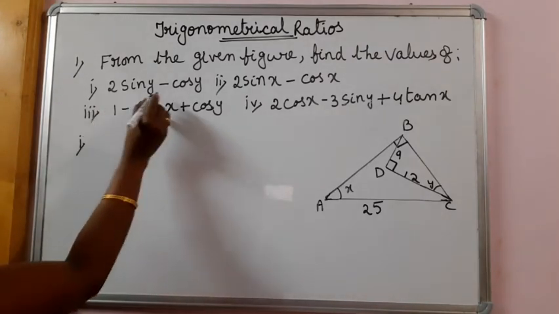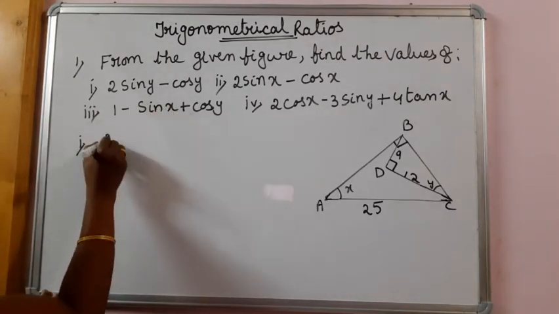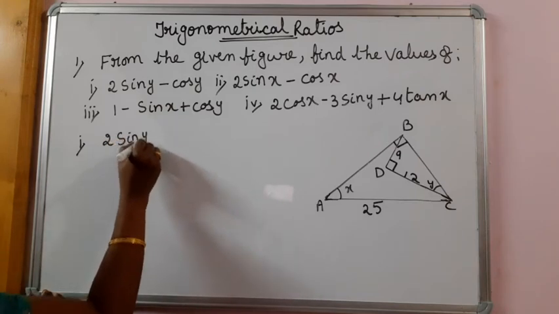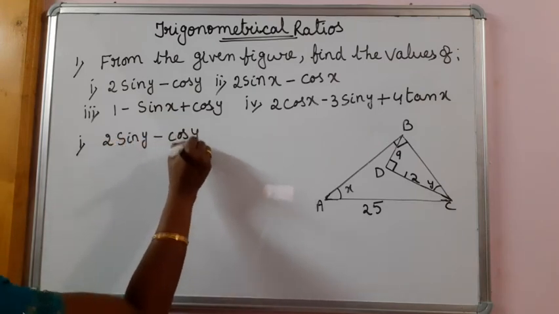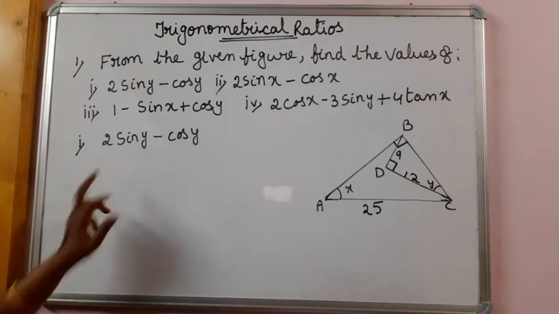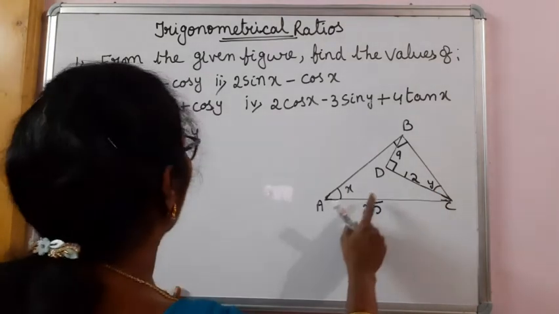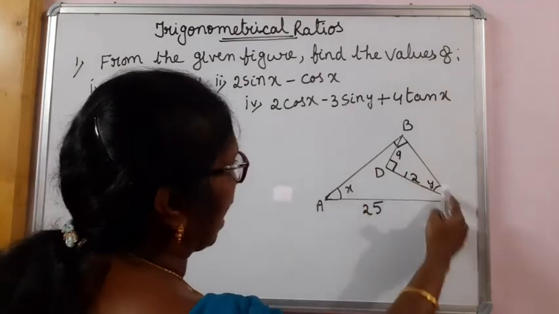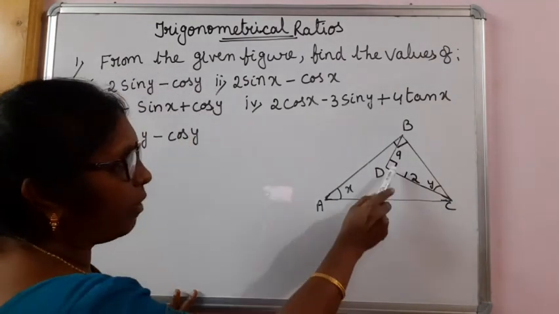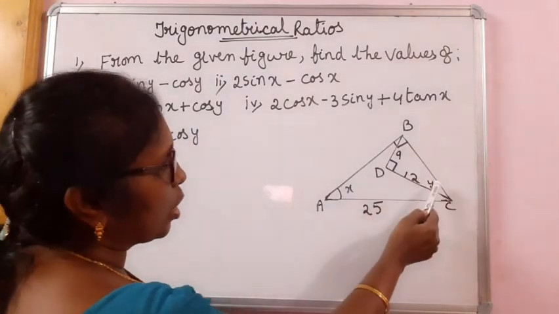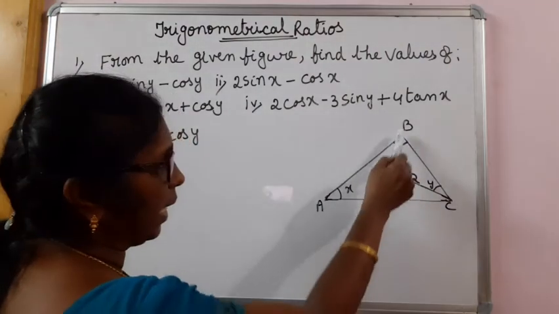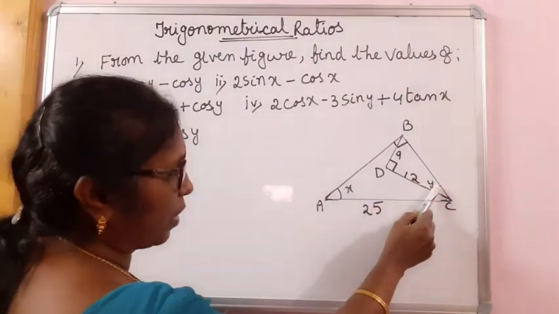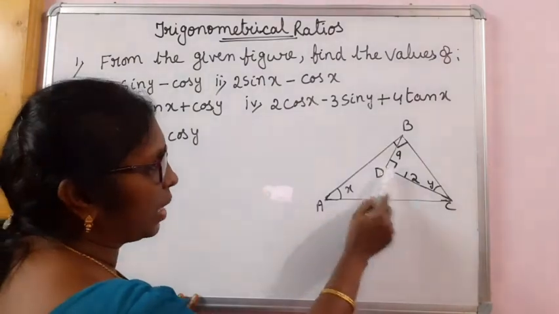First one is 2 sin y minus cos y. So, y is here. First of all, we see sin, cos. BDC is a right angled triangle. Right angle is at D. So opposite to y is BD. For y, BD is perpendicular.